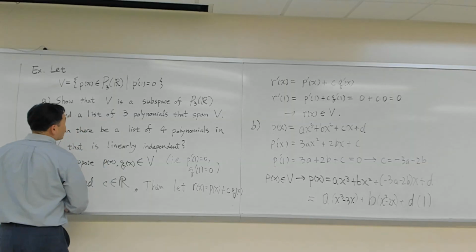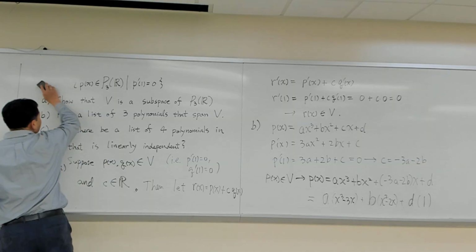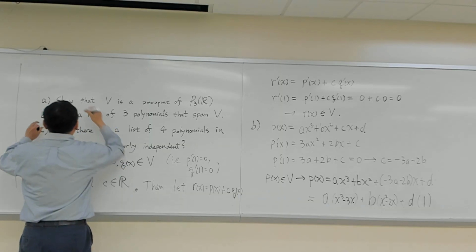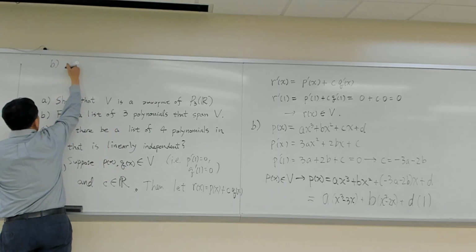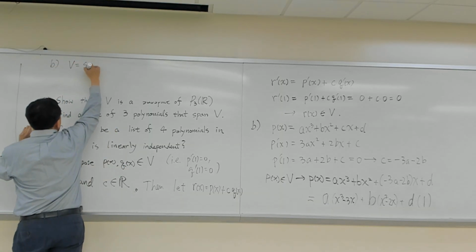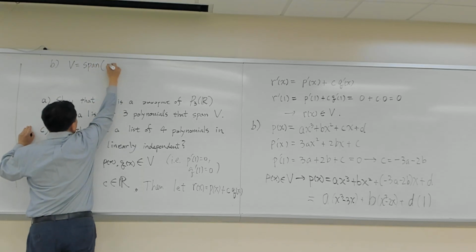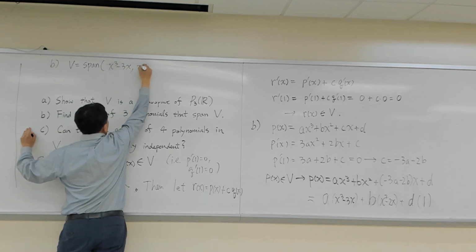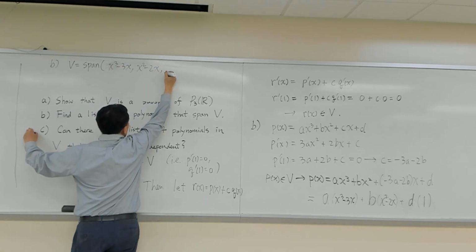So what we just have shown is that v is the span of these 3 polynomials: x cubed minus 3x, x squared minus 2x, and 1.